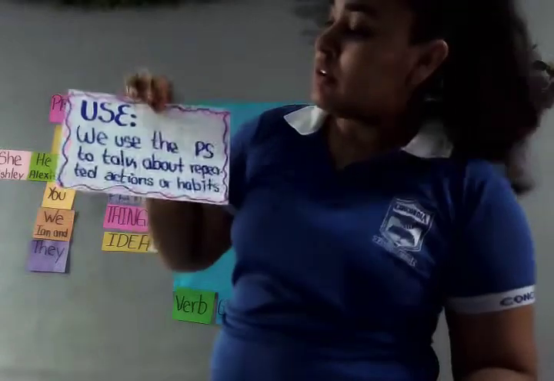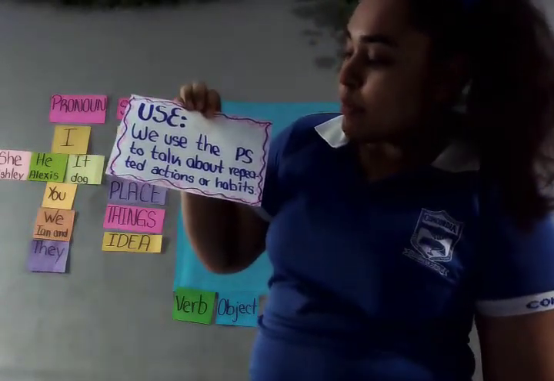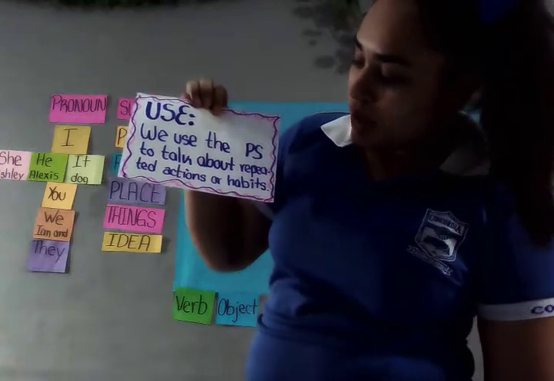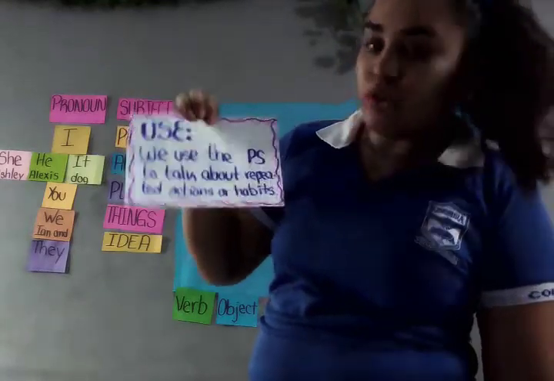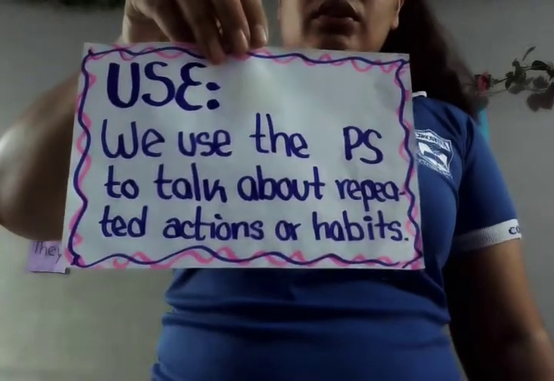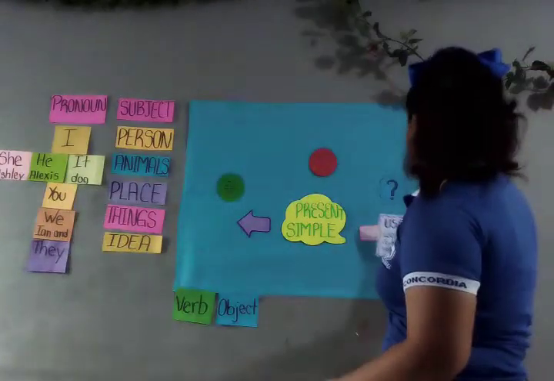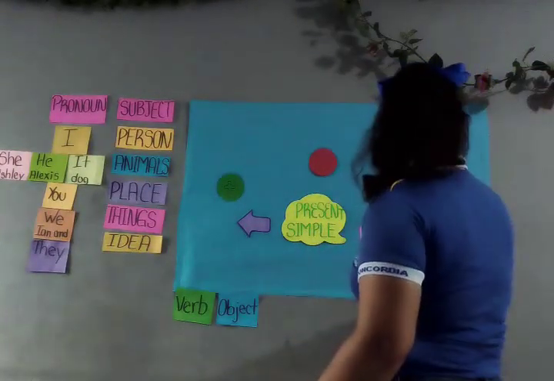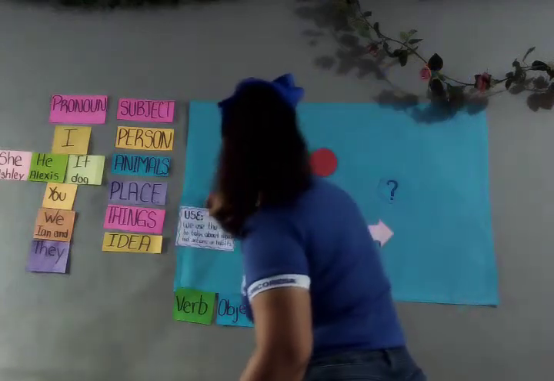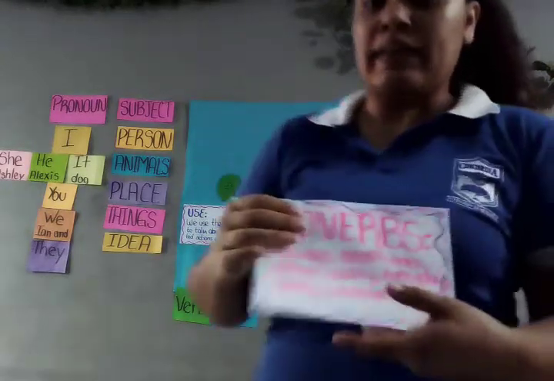Okay? So now the present. For the simple present, we said that we use the present simple to talk about repeated actions or habits. Okay, we use it to talk about repeated actions or habits. And the adverbs.